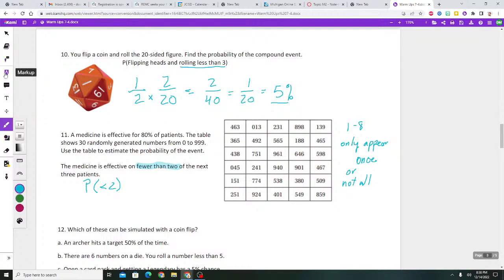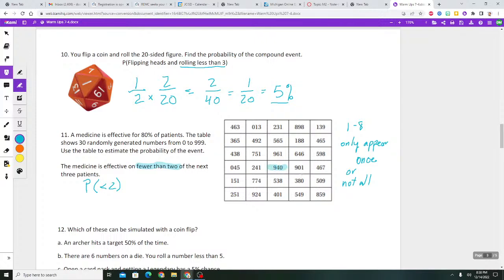So if we look through here, we're just going to look through and we're going to highlight the ones that have 1 success or less. So 463 has 3 successes. 013 has 2 successes. This one's 3 successes, 2 successes, 2 successes. Many of the rest have 2 or 3 successes.